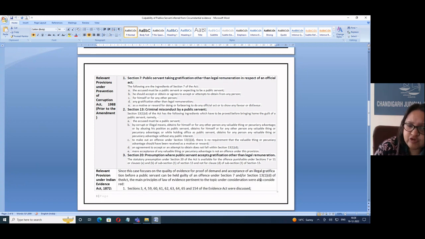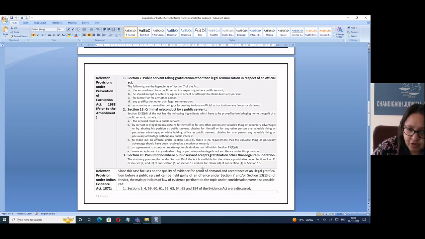Since this case focused on the quality of the evidence for proof of demand and acceptance of an illegal gratification before a public servant can be held guilty of an offense under Section 7 and/or Section 13(1)(d) of the Act, relevant provisions under the Indian Evidence Act were also discussed and considered.